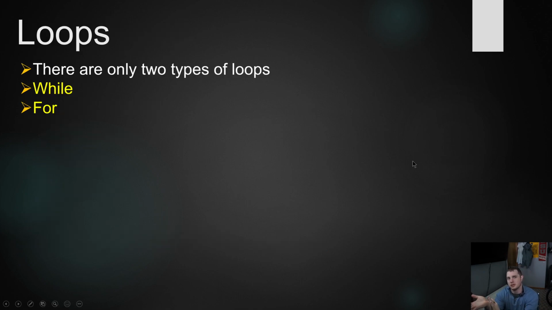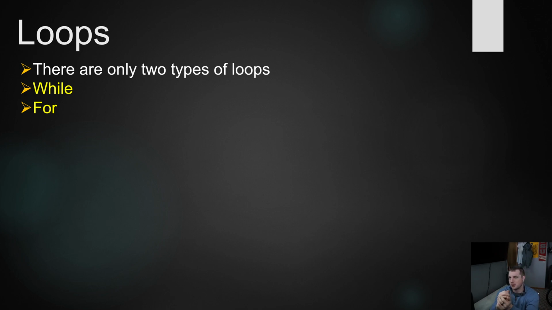Loops. This is another big difference, and it's why Python is famous. Python for a long time only had while loops, because that's the only one that you really need. But for loops have been added, and those are your two options for loops.